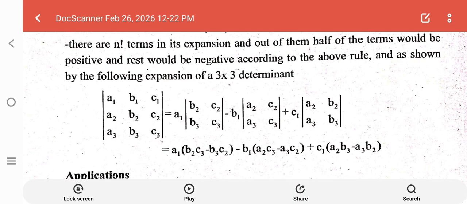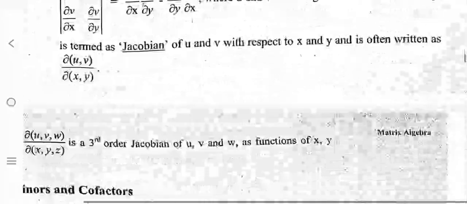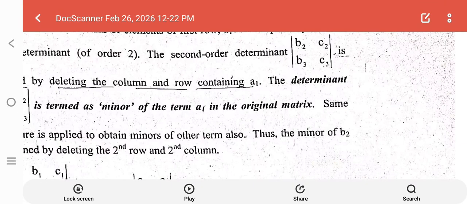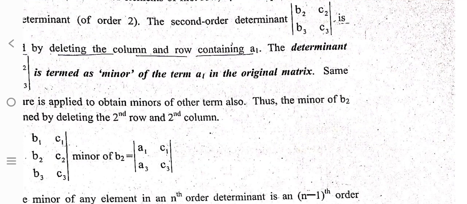A1 is in the first row and the first column. Just removing this value, first row and first column, we have a second order determinant which contains just the elements B2, C2 and B3, C3. So this determinant is actually the minor of A1, right?